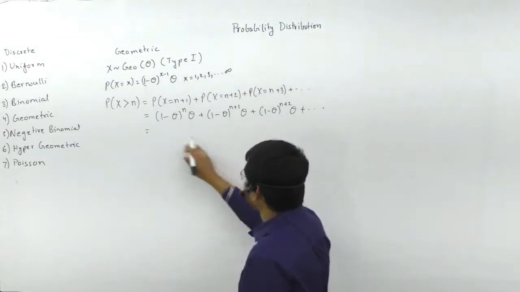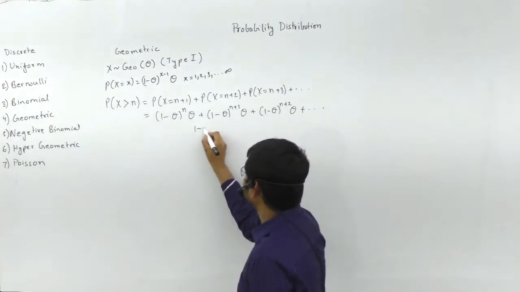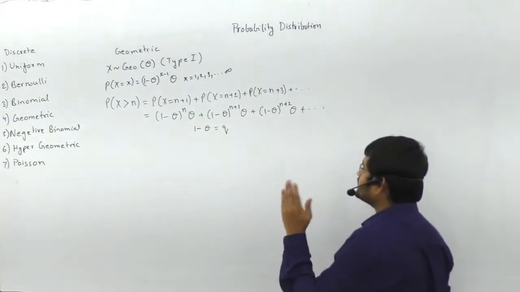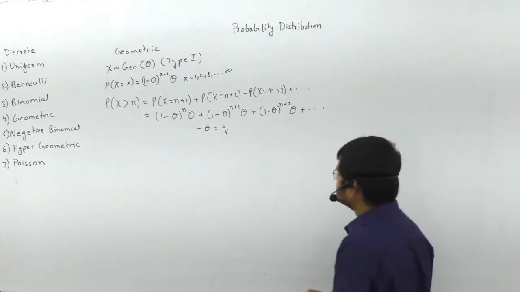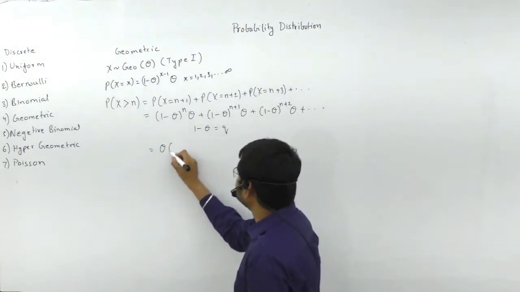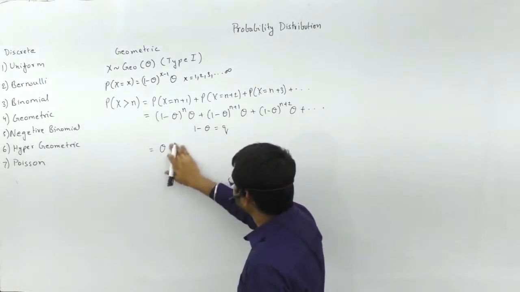Now here I can take theta as common, and just for the sake of writing I am keeping 1 minus theta as q, just so that I don't need to write 1 minus theta again and again. So here I can take theta as well as (1 minus theta) raised to n, or I'll just write it as q.